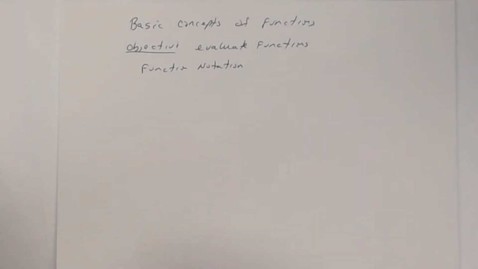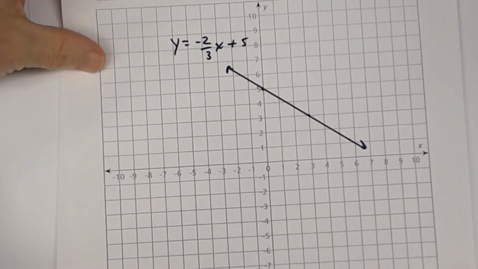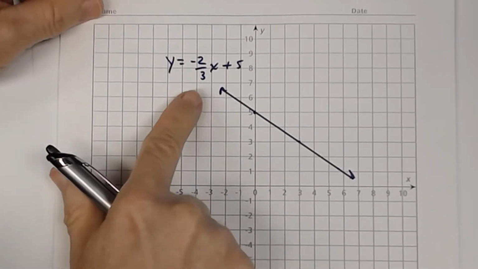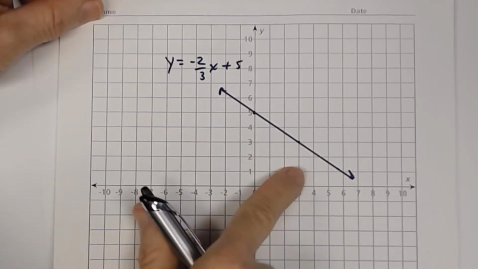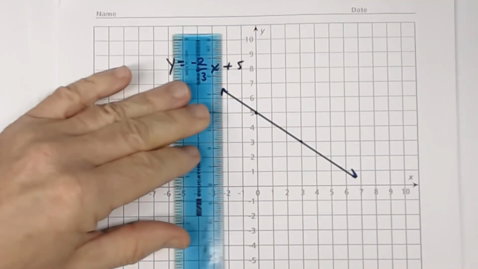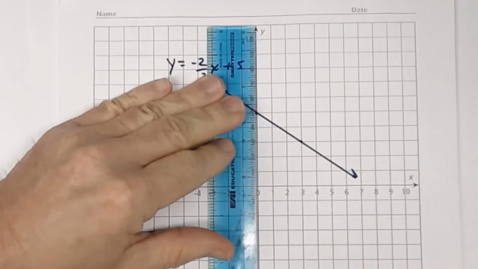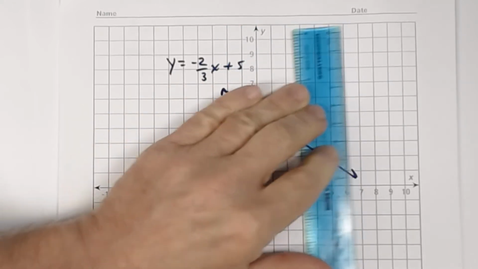Okay, so you all agree that at the beginning of the course and even last semester you learned how to graph lines. And so this is a graph of this line here, y equals negative 2/3 x plus 5. And based on what we learned in the previous lesson, we can use the vertical line test, and we can see that this graph represents a function.